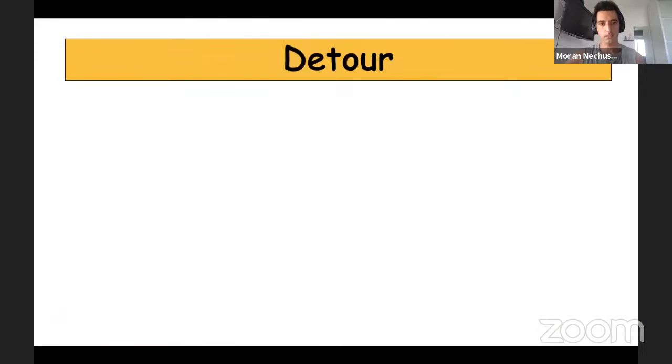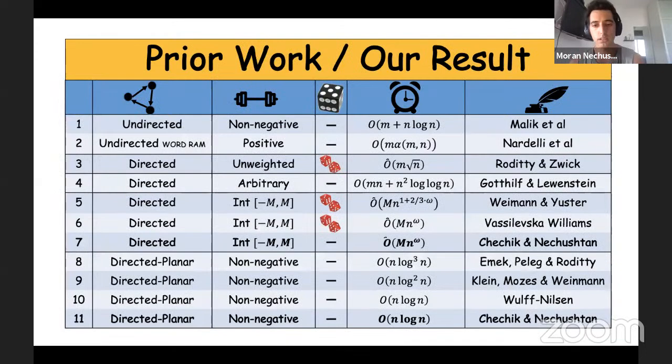If you look at the state-of-the-art results in this table, in lines 5 to 7 we cover the M variant, and in lines 8 to 11 we cover the planar variant. As you can see by the running time, in both variants we have the state-of-the-art running time.